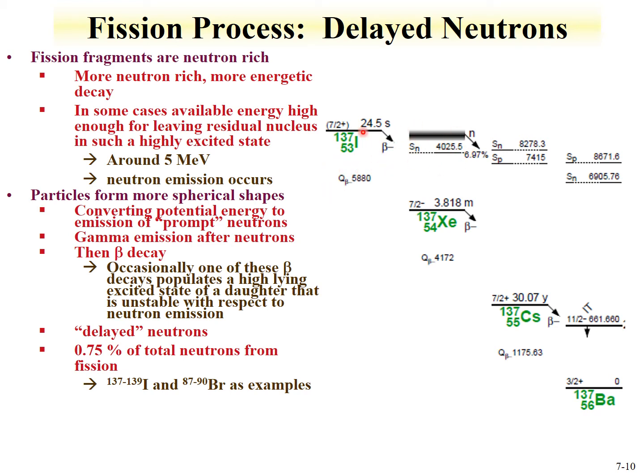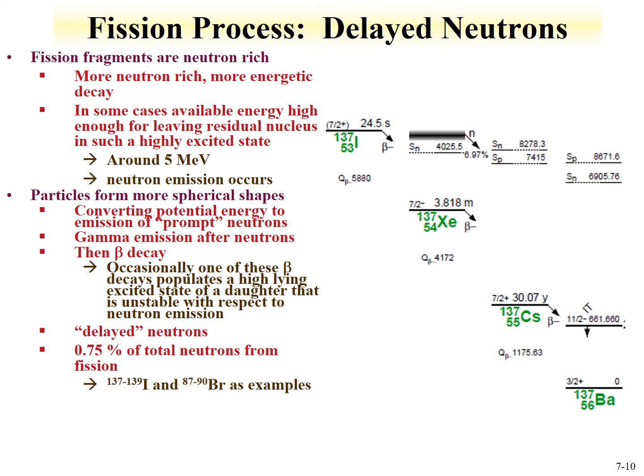So you can imagine that if iodine-137 decays to a state that's above the neutron separation energy in the xenon, as opposed to emitting a high energy photon, the xenon can de-excite by emission of a neutron. And that's what this bar here indicates on the table of the isotopes, that this isotope will decay through neutron separation.